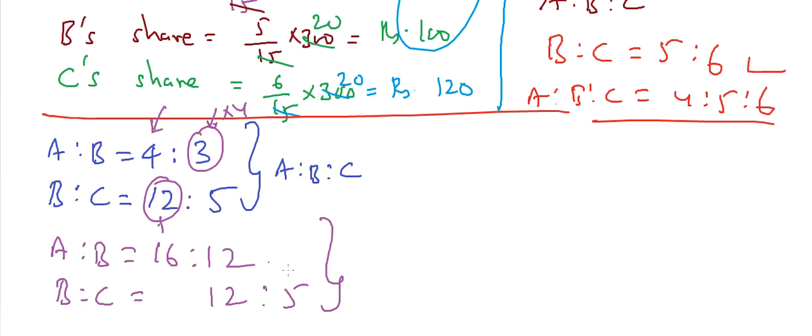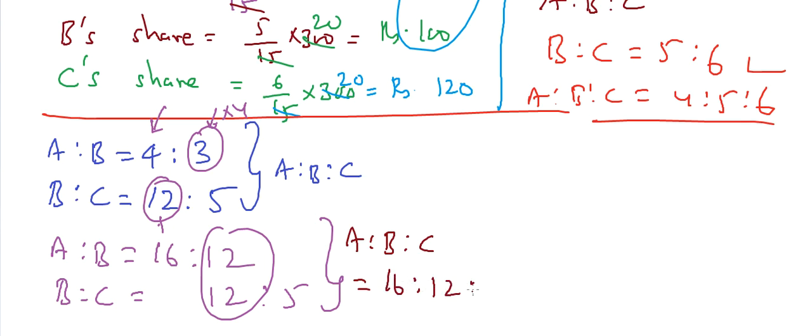Because now the b term is the same in both the ratios, we can write the ratio among a, b and c, or a is to b is to c, as 16 is to 12 is to 5.